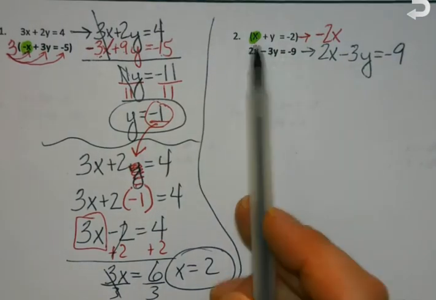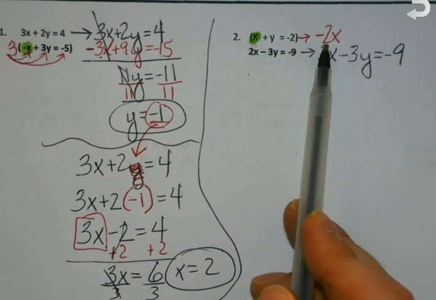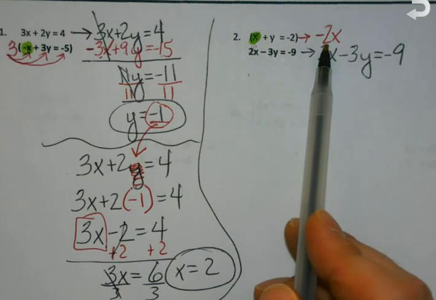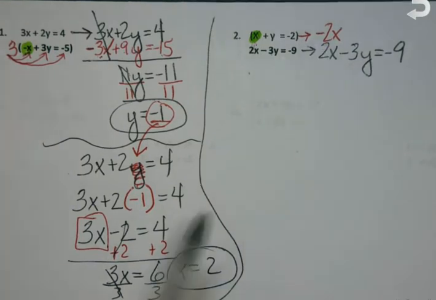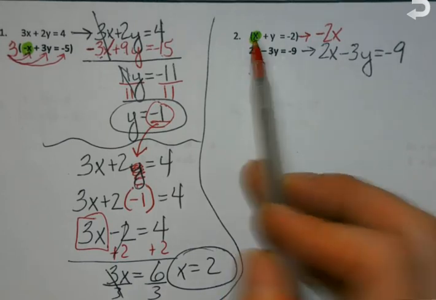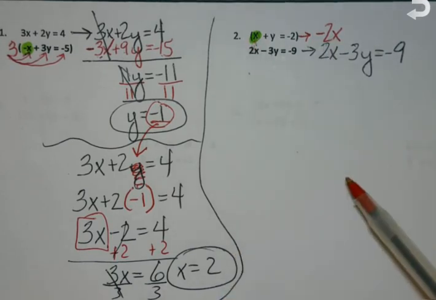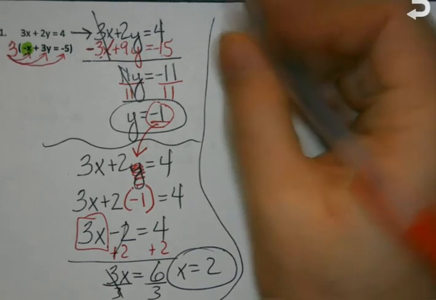So what do I have to multiply x by to get to negative 2x? Not a trick question. It is a trick question. x times what gets me to negative 2x? Negative 2, okay.